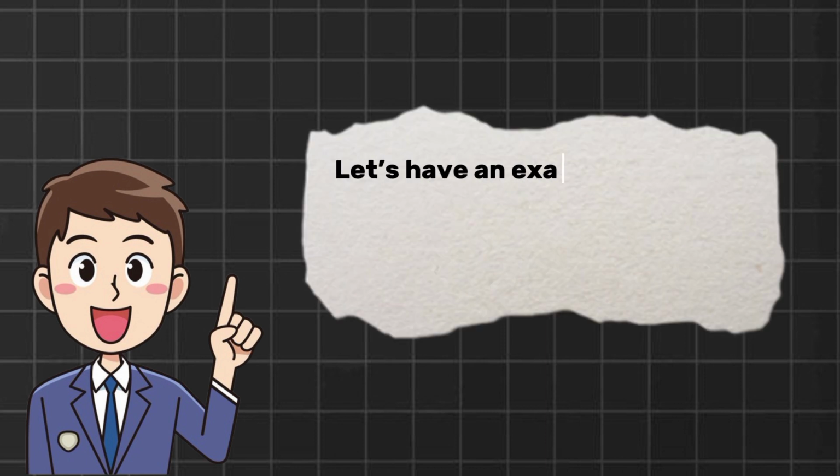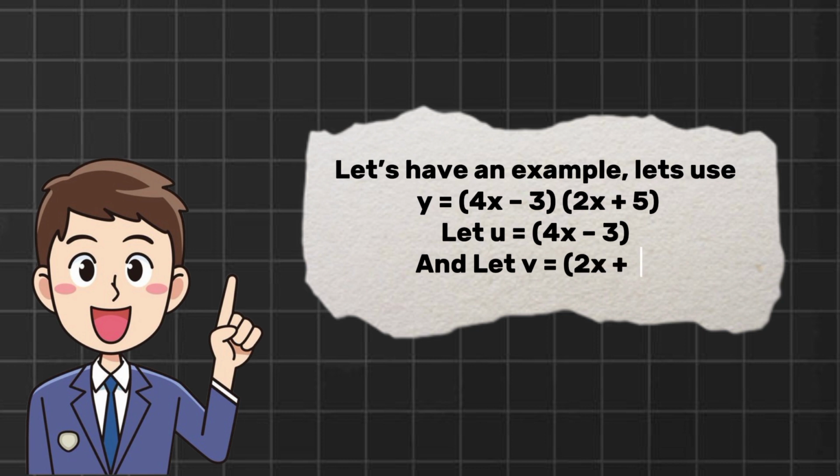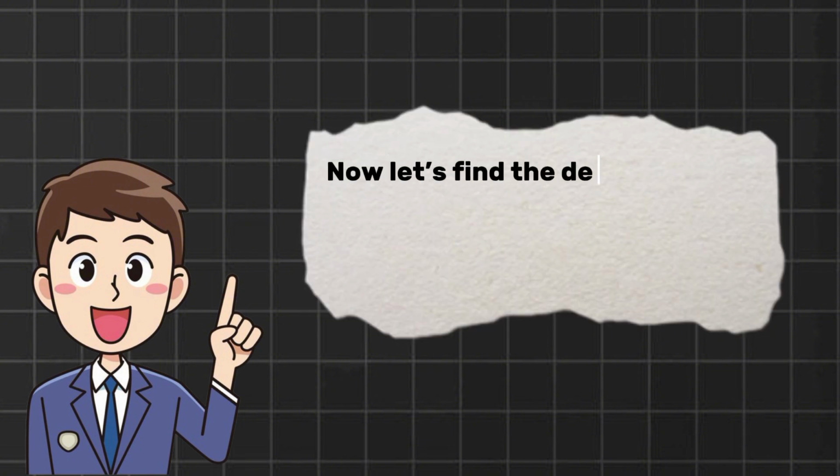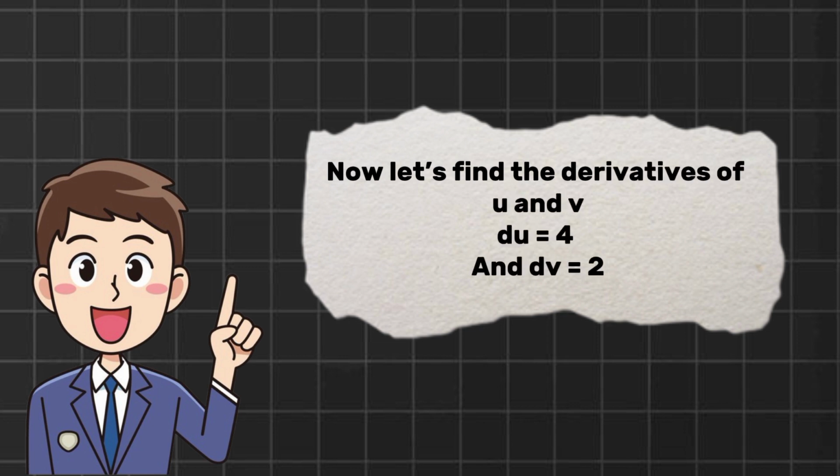Let's have an example. Let's use 4x minus 3 multiplied by 2x plus 5. Let u be the first function, 4x minus 3, and let v be the second function, 2x plus 5. Now, let's find the derivative of u and v. The derivative of 4x minus 3 is 4, and the derivative of 2x plus 5 is 2.